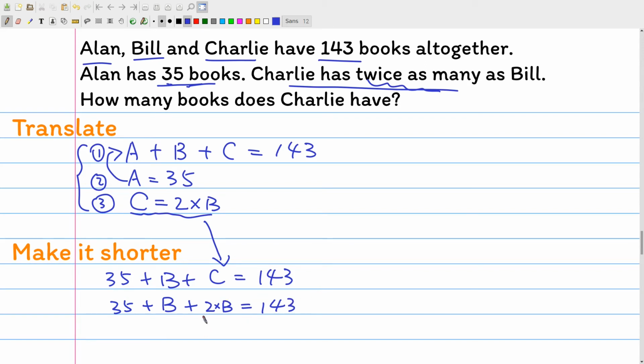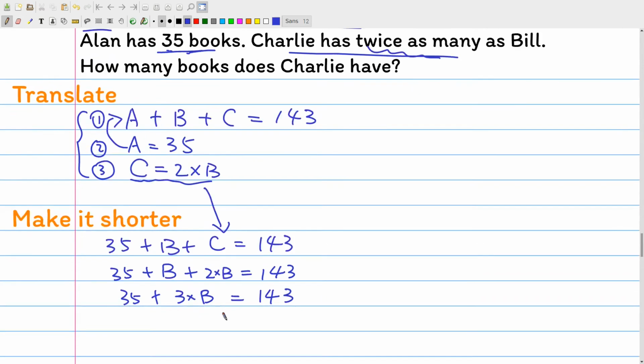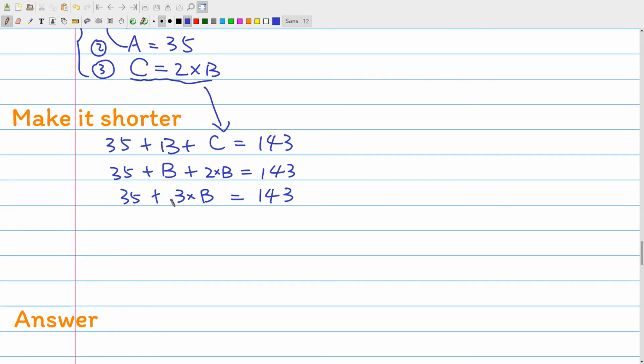Can we make it shorter? Yes, we can. B plus 2B equals what? Just like one thing plus two things. How many things do you have? 3, right? So 35 plus B plus 2B equals 35 plus 3B equals 143. Now let's treat the 3B as a whole thing. We don't need to separate it.